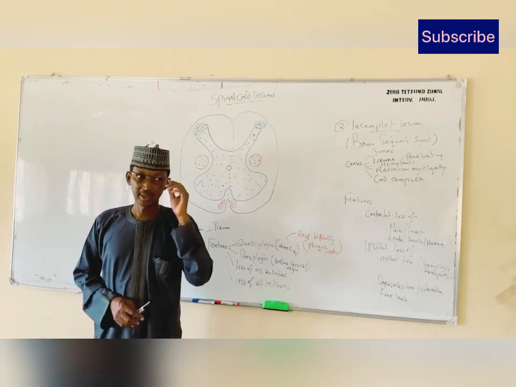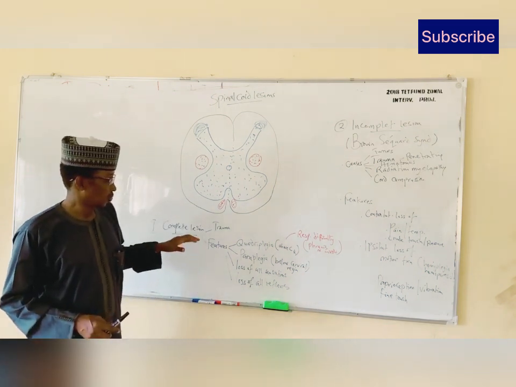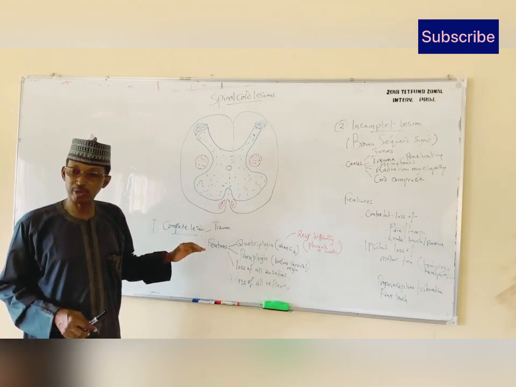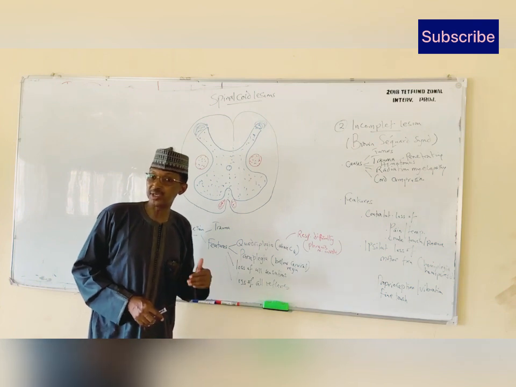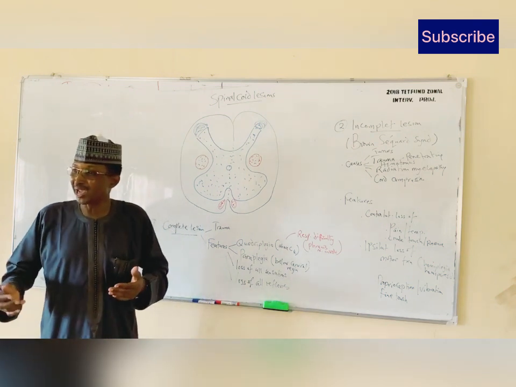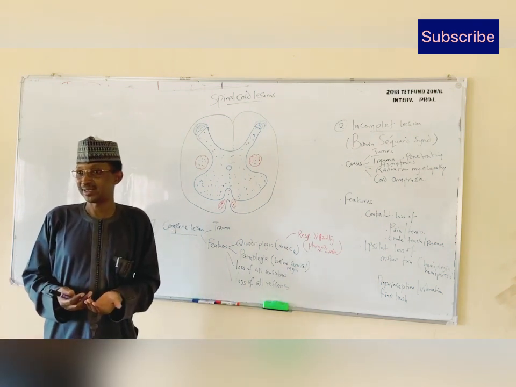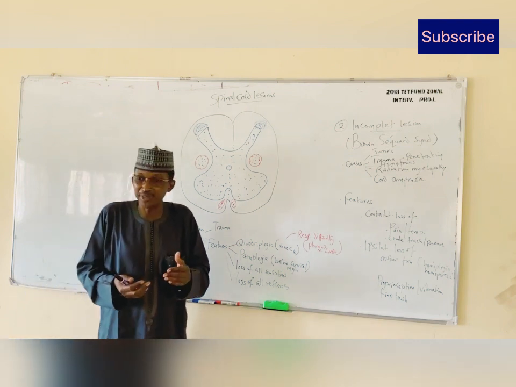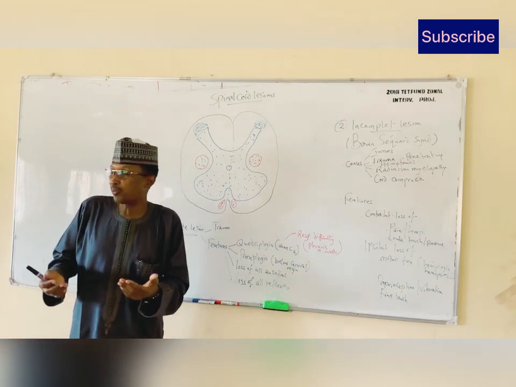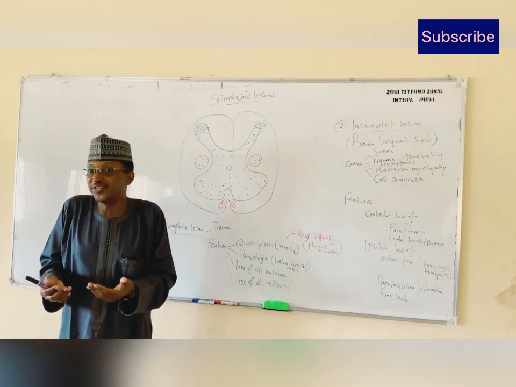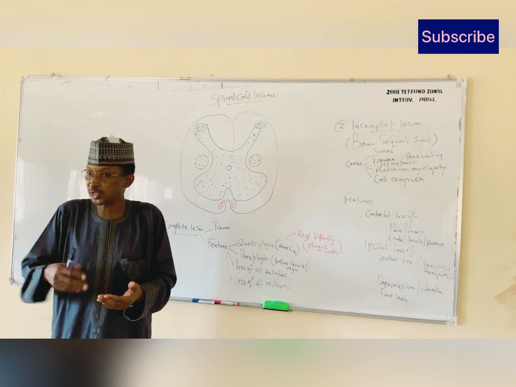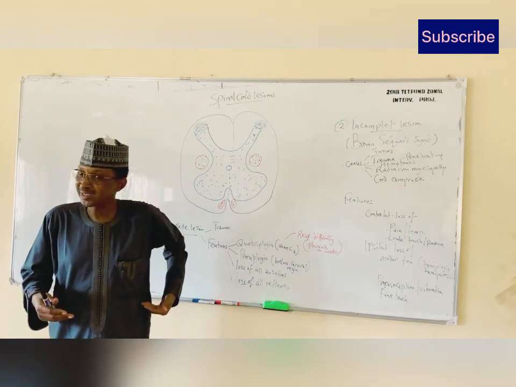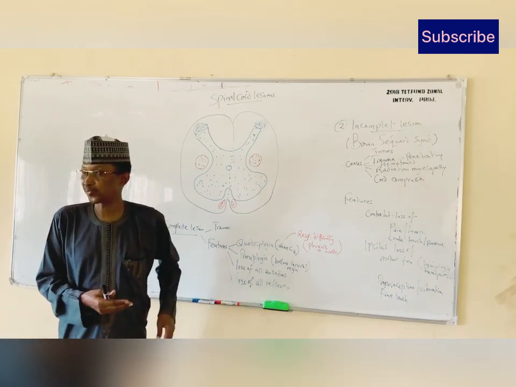You get it? So trauma is one of the common causes of this complete spinal cord transection. Somebody may have an accident, and after the accident, one of the sharp parts of the vehicle may penetrate the spinal cord and break it into two.